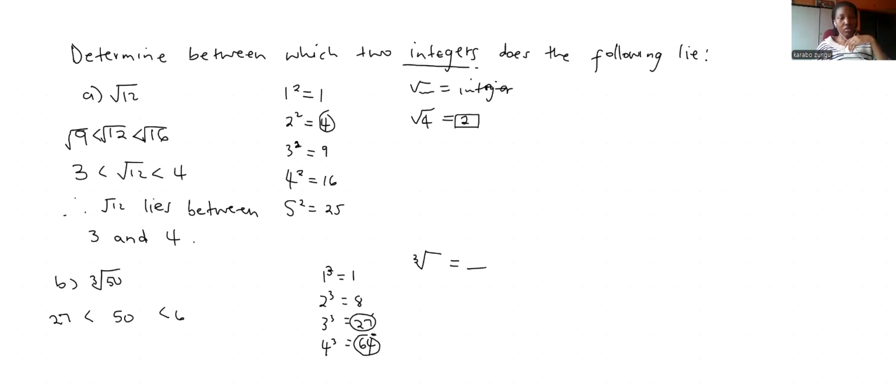They asked for the cubed root of 50. So it means you must take back your cubed root, but you're not going to take it back only on 50. It must also apply on the other numbers. Cubed root.